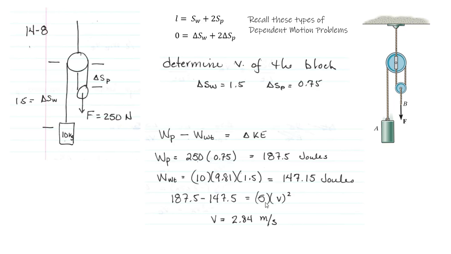We know that 1/2 times 10, because this is 10 kilograms, is 5, times V squared. And we're going to find that as I'm pulling that down with a force of 250 newtons, the weight, when it reaches 1.5 meters, is going to be traveling with a velocity in the upward direction of 2.84 meters per second.